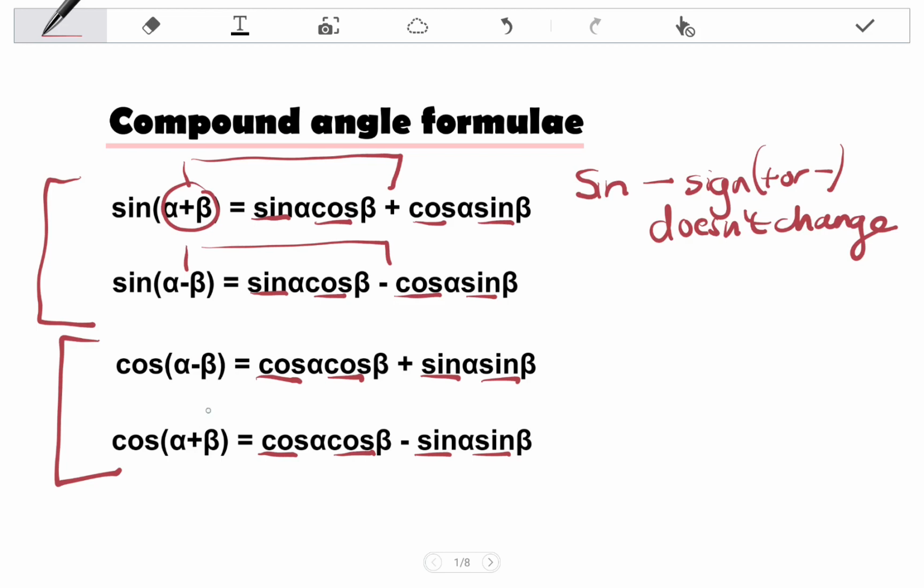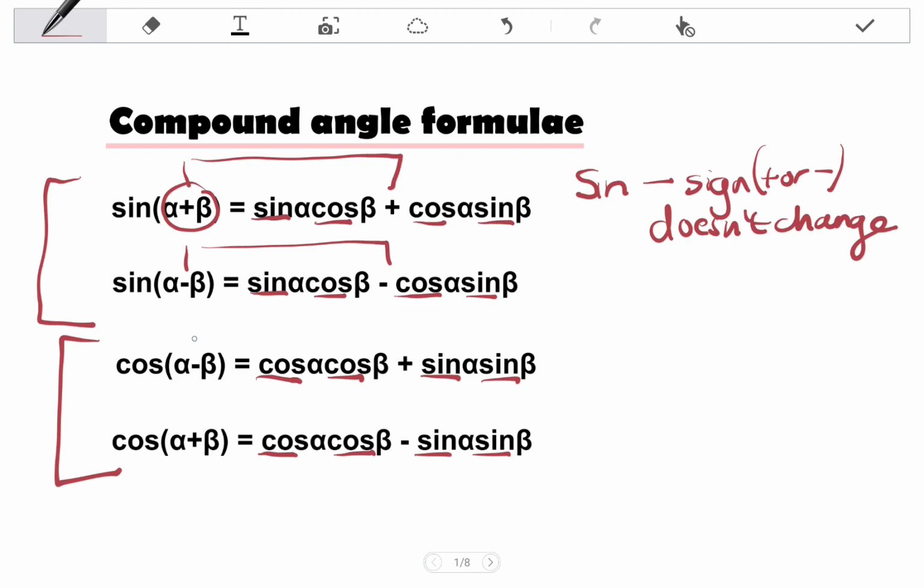So for both compound angle formulae, I have in the first term cos, cos, and in the second term, just sine, sine. Notice the difference between the sine and the cos compound angle formulae. What does stay the same throughout all four formulae is that the first angle in the bracket is the first angle in each term, and the second angle is the second angle in each term.